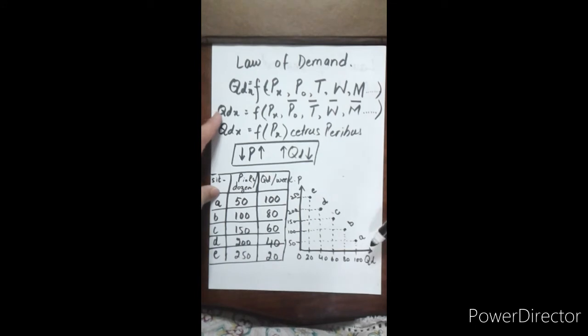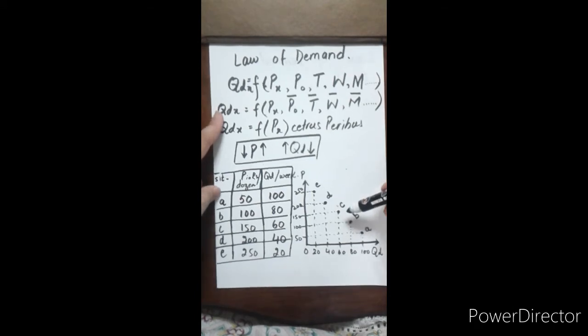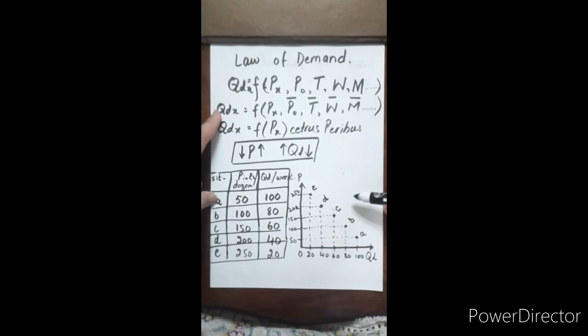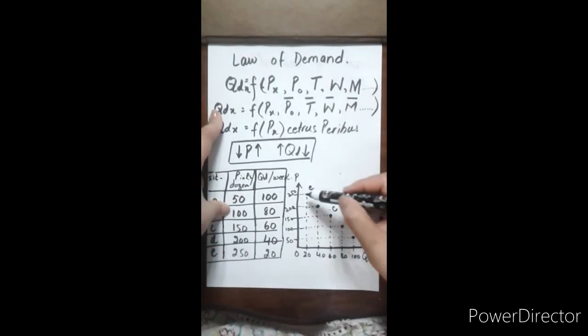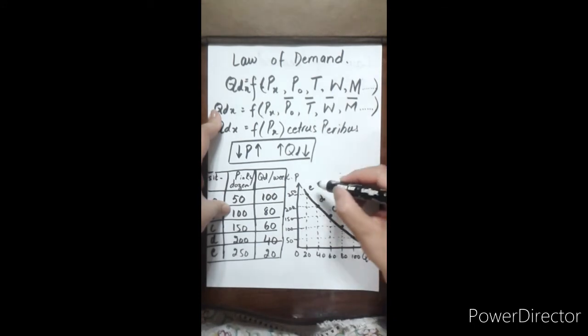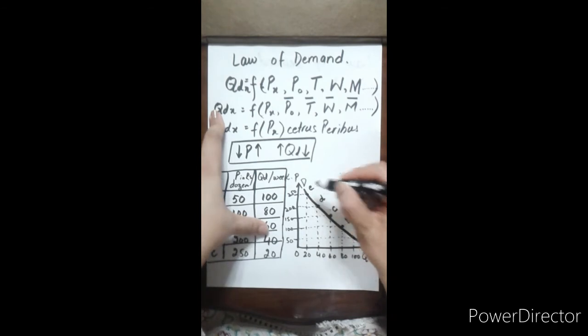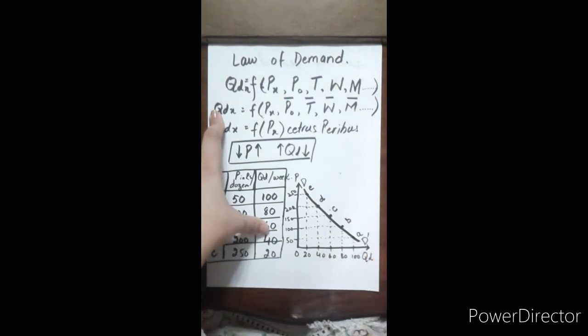Now, how do I get my demand curve or graph to show my demand for dozens of eggs per week that are demanded at a certain list of prices? I join all these points together and I get this negatively inclined or negatively sloped line, which is my demand curve. So I can label it as D dash.